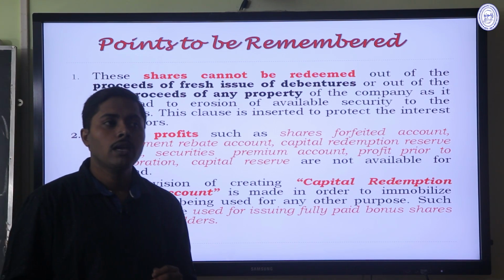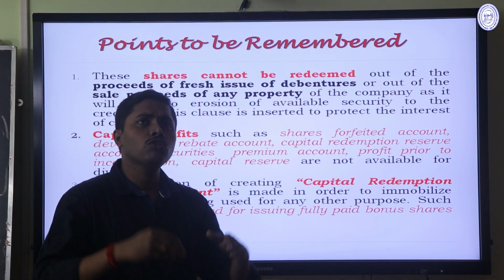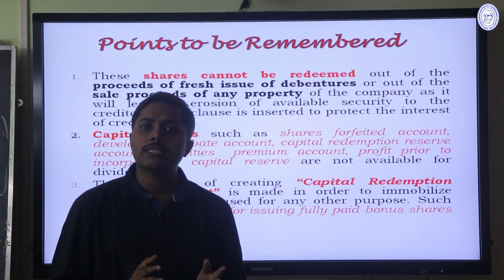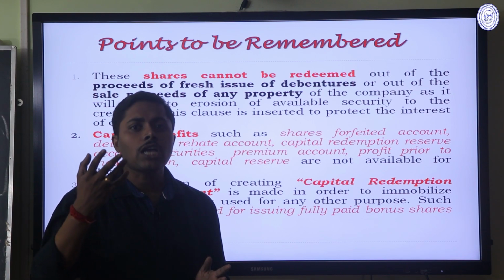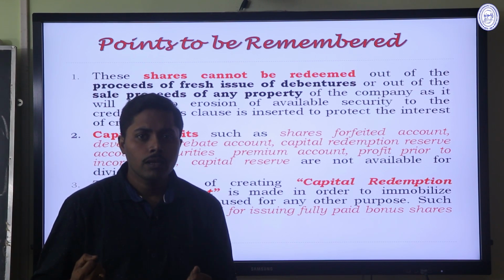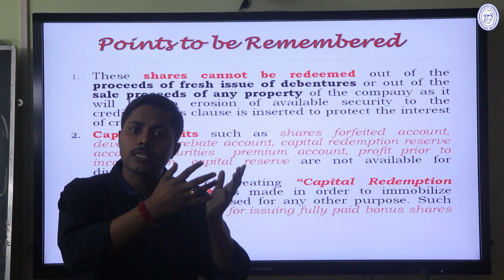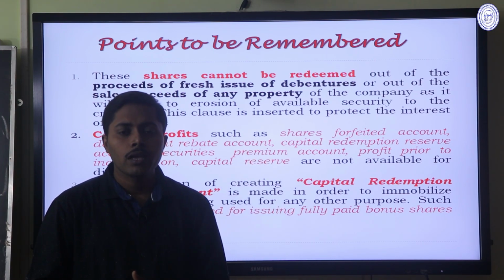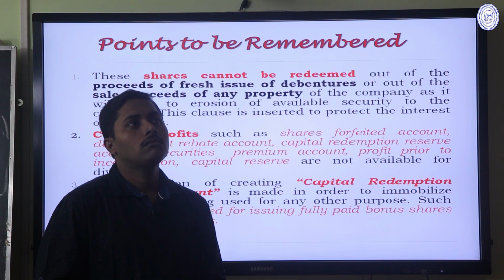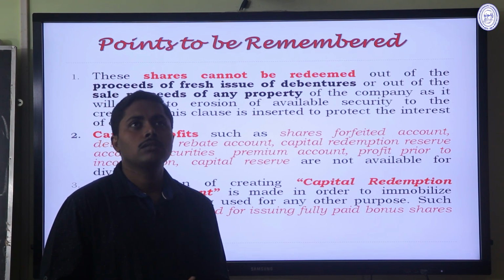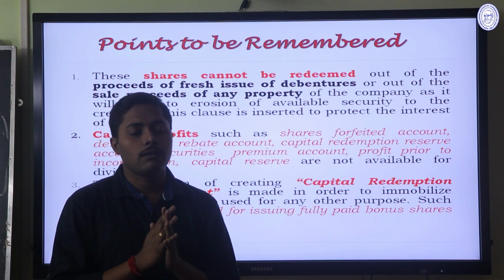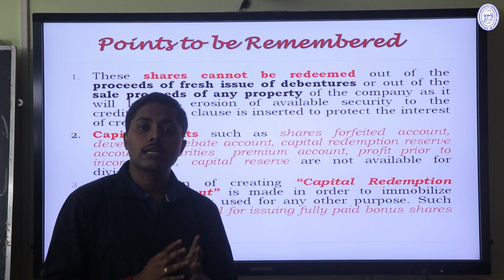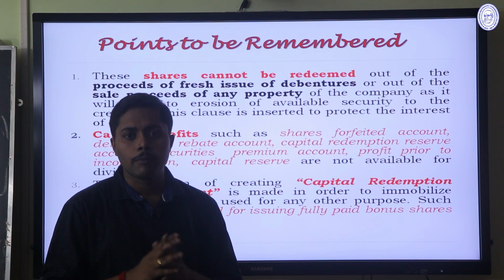Why is it so? Because, as you know, if preference shares are redeemed, then there is a chance of capital erosion, that capital of your business is going to the shareholders, that is, there is an outflow of capital, but the company should protect the interest of the creditors and outside liabilities.